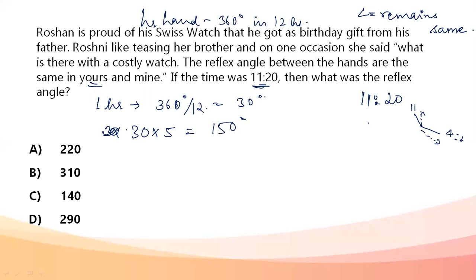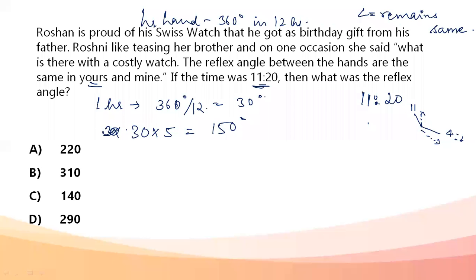To measure the deviation, we have found that for 1 hour it moves 30 degrees. So for five divisions, it would have moved 150 degrees.